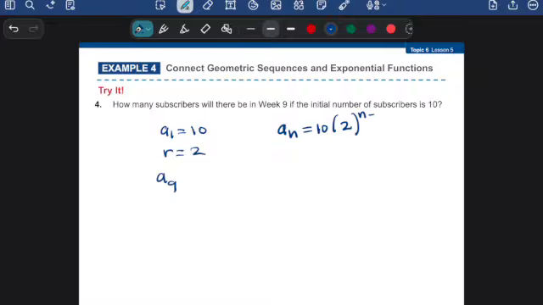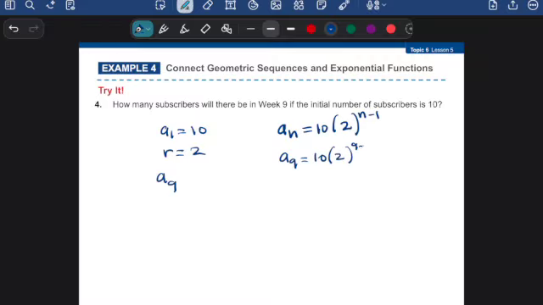And then it's always going to be to the n minus 1 because, going from 0 to 1, did we multiply by 2 yet? We haven't multiplied by 2 yet. So we always do it 1 less than the number of the term. We apply the pattern 1 less time. So if we're going to evaluate a of 9, then we're going to just substitute into our equation.